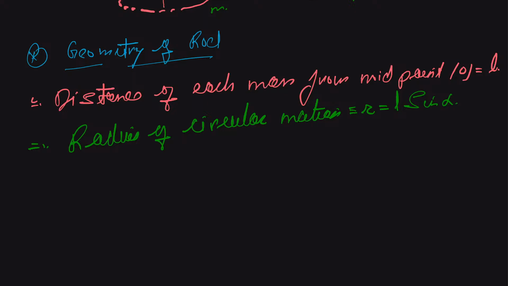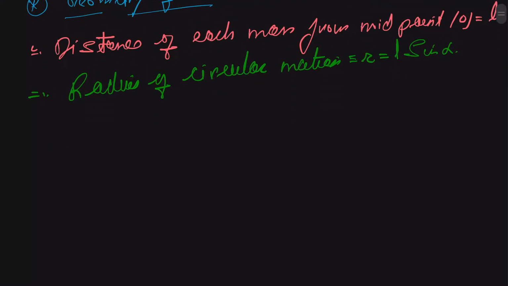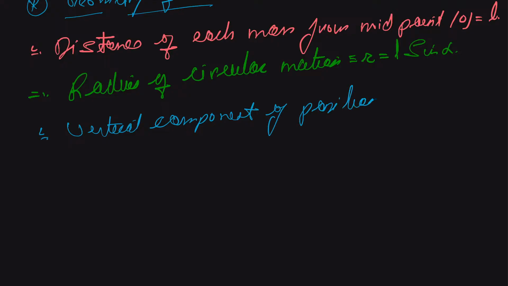We can also find out the vertical component of the position along the z axis, and that will be equal to L cos of alpha.